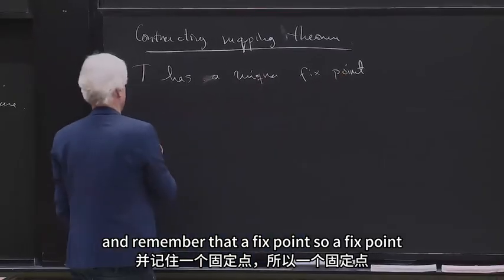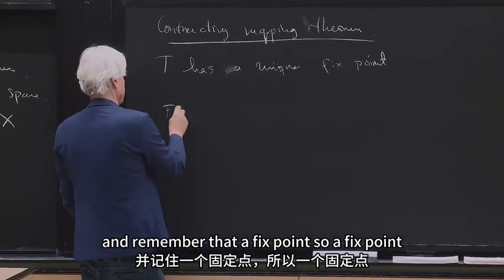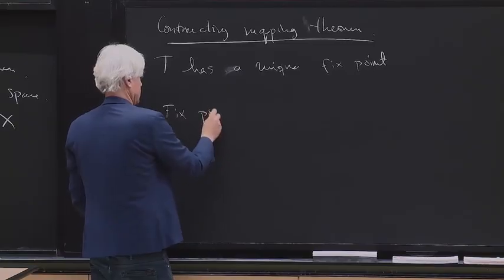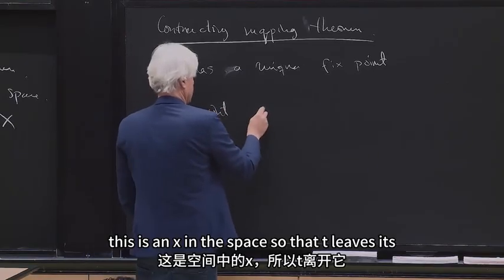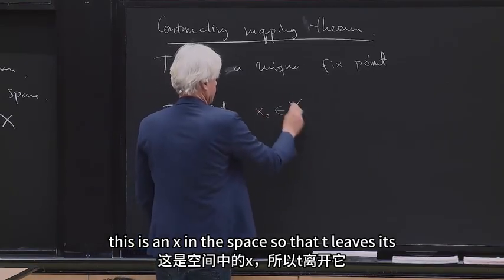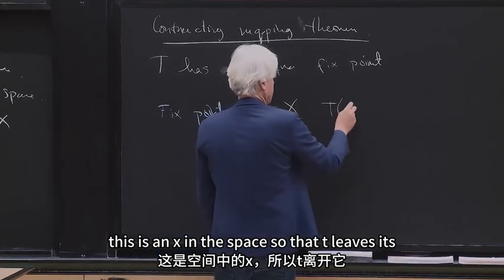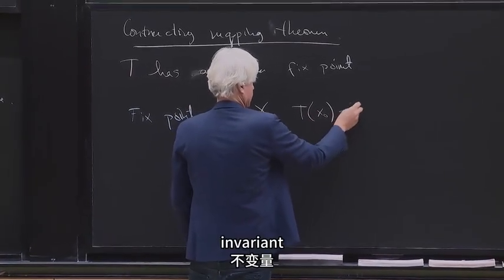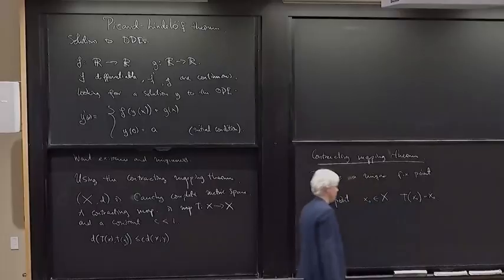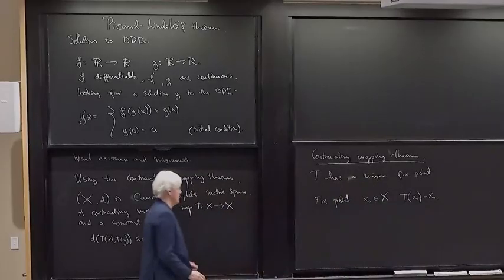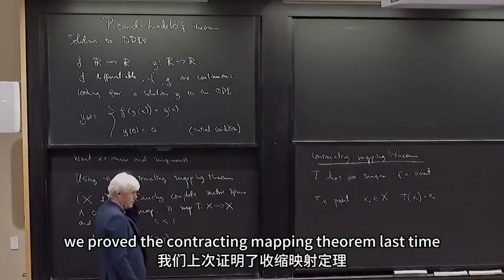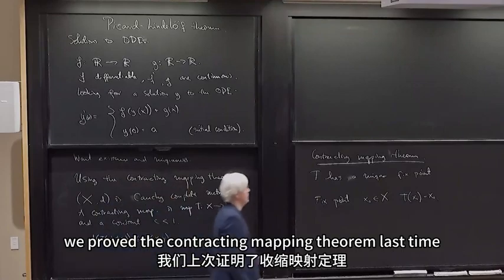Remember that a fixed point is an x in this space so that T leaves it invariant. We proved the contracting mapping theorem last time.